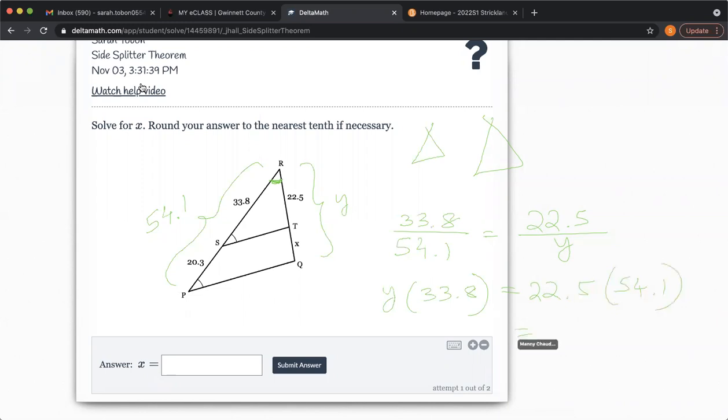So you multiply this, I just put that in the calculator. 22.5 times 54.1. Divide that by 33.8. And divide everything by 33.8 now.